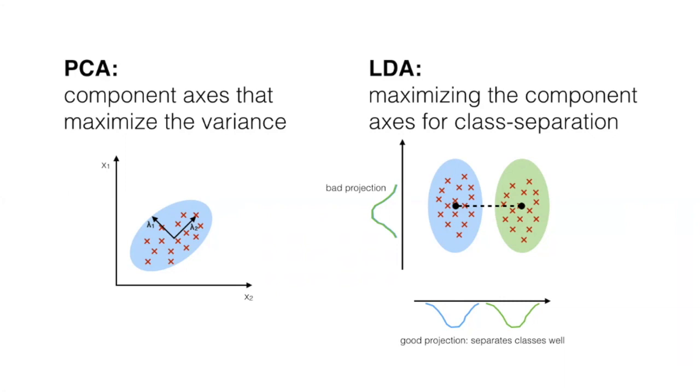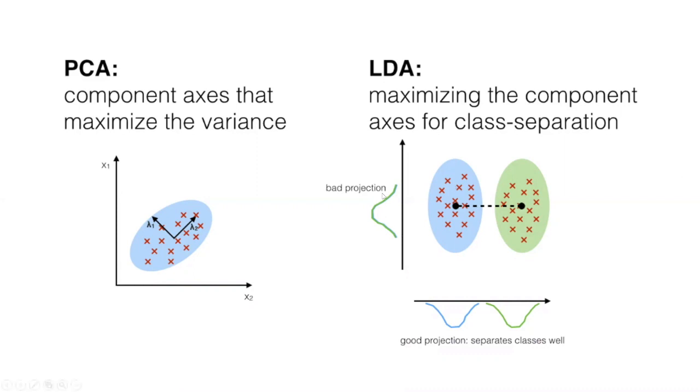So the idea of LDA is simple. Given the training sample set, LDA tries to project the samples onto a straight line so that the projection points of samples of the same class are as close as possible, and the projection points of samples of different classes are as far as possible.